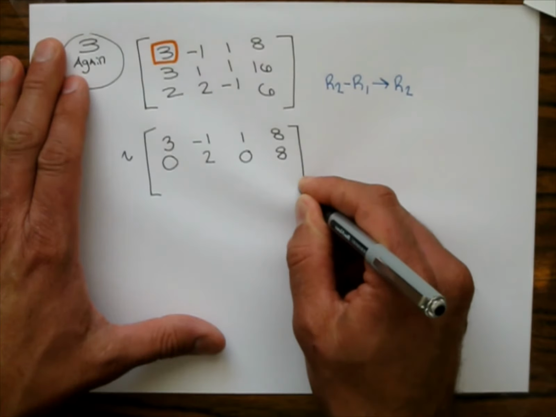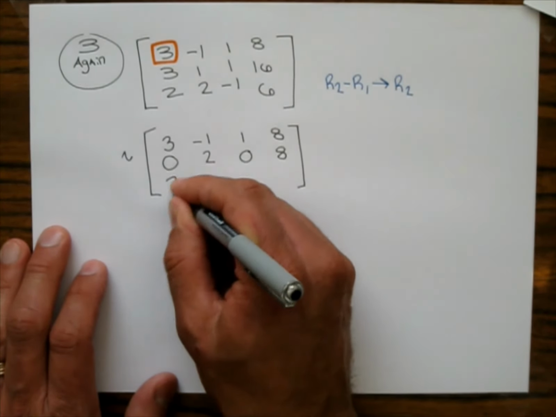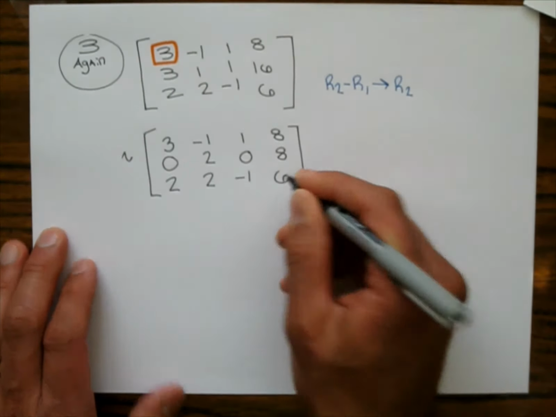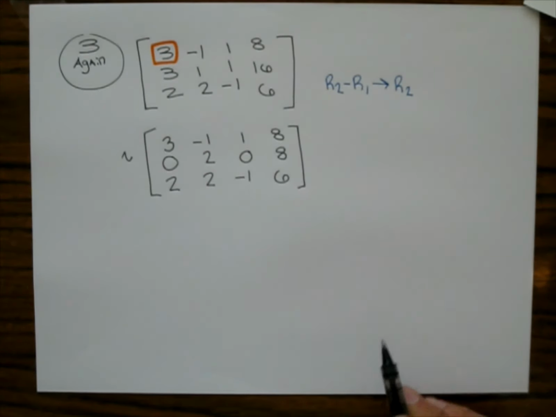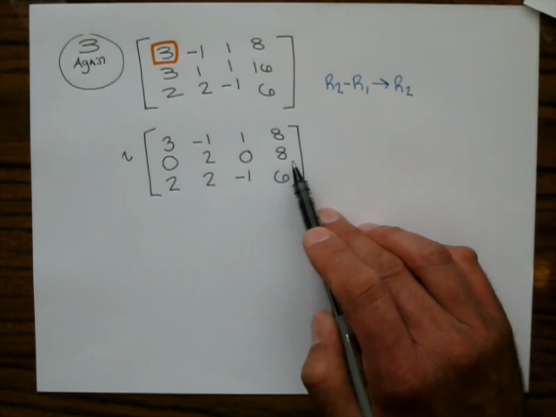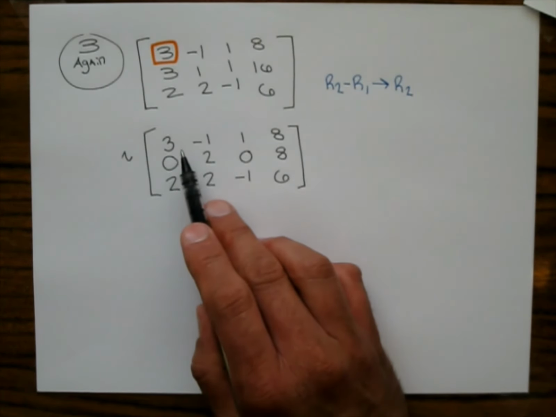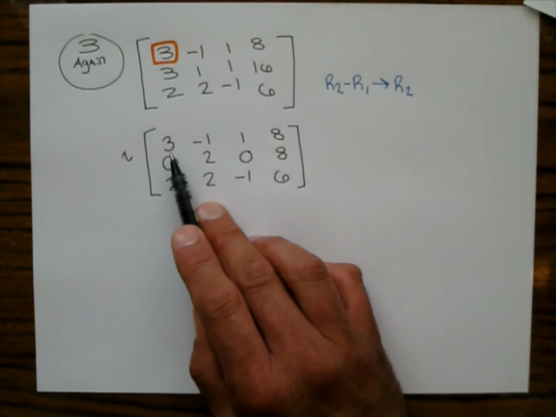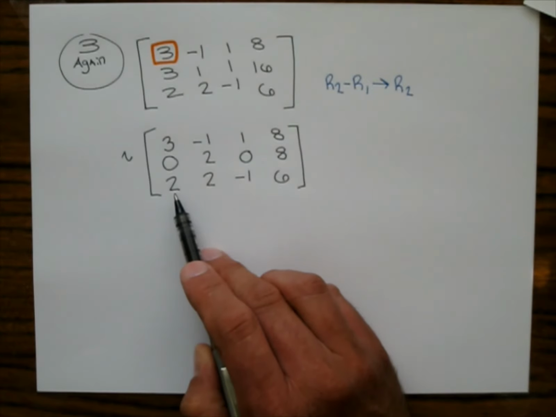Okay, because we're doing this weird thing, I'm going to go ahead and write out row 3 without trying to do too many steps within one thing. And so that's what we did. We just did row 2 minus row 1 gives me the new row 2. Now what I'm going to do is use this 3 as a pivot. And you might be saying, well, you're going to have to do fractions.